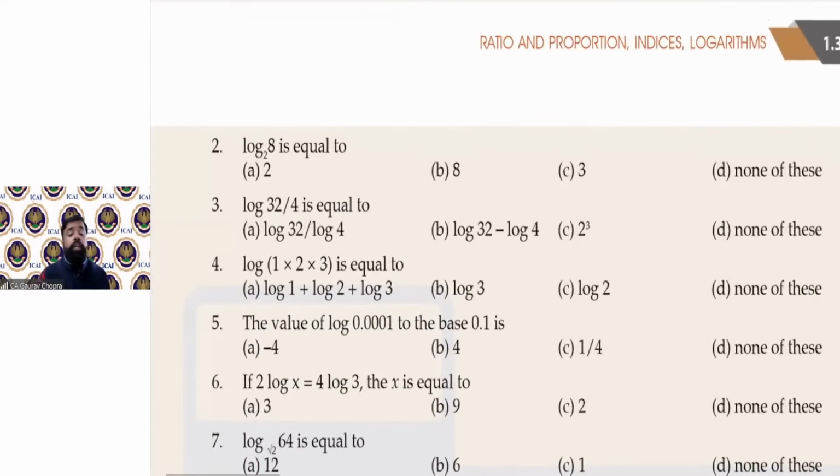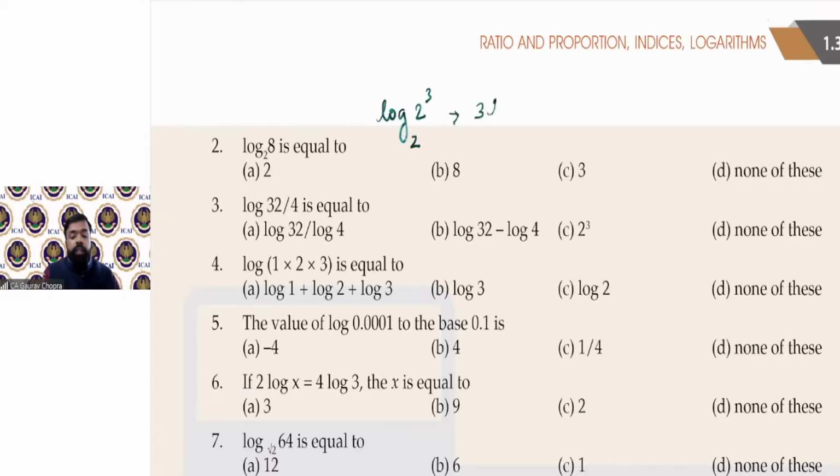Then log of 8 base 2 is equal to. Yes, a similar question to the one we have done now. See, 8 can be written as... what are the factors of 8? Always factorize them. So you will write 2 cube and base is 2. Now 3 is in the power. Power will jump forward.